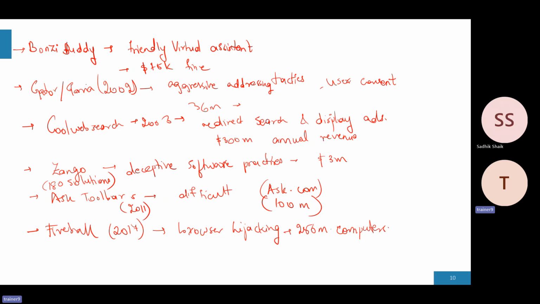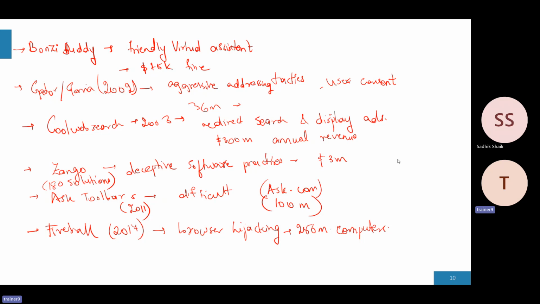At a high level, each of these is a good example and use case. You can go through them one by one, but I can just mention these few at a high level. These are very popular, well-known use cases of adware.